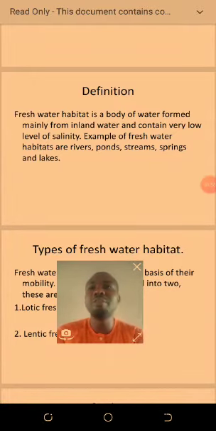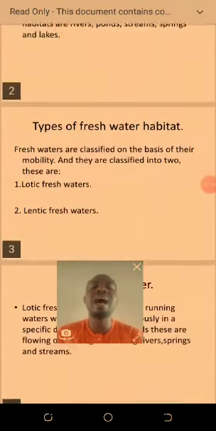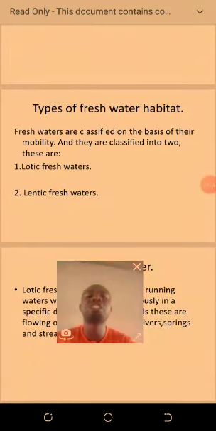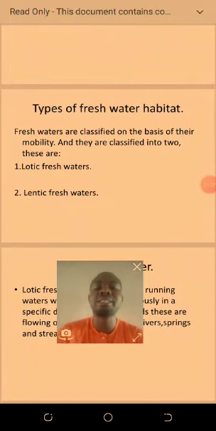If you can still remember, when I gave you the definition of marine habitat, it is a habitat that contains a high level of salinity, but this one has a low level or no salt at all. Now let's look at examples of freshwater habitat. We have the river, the ponds, the streams, the lakes, and so on.